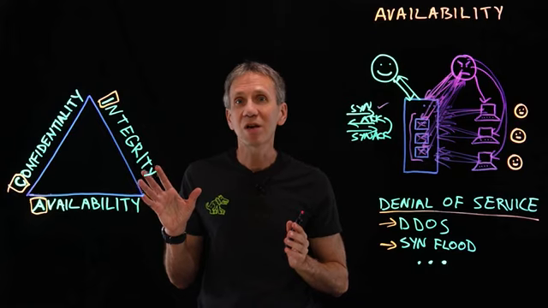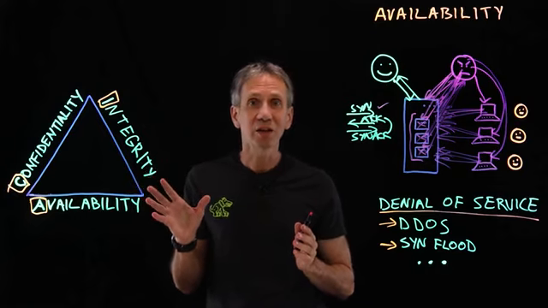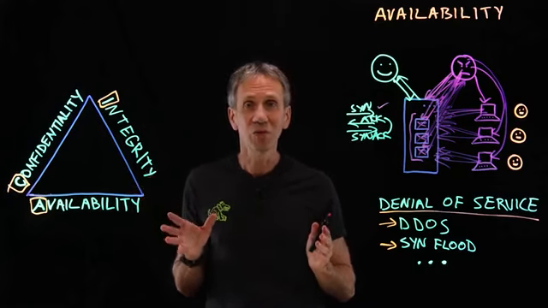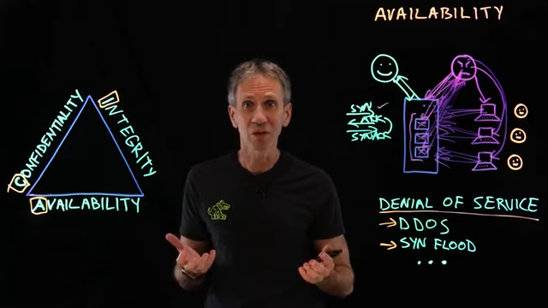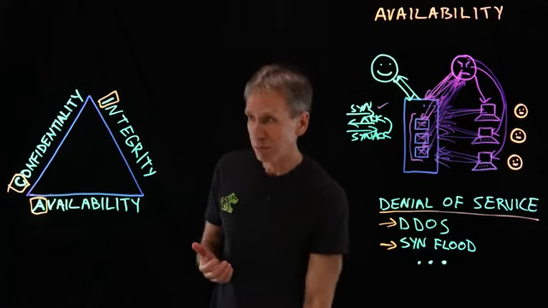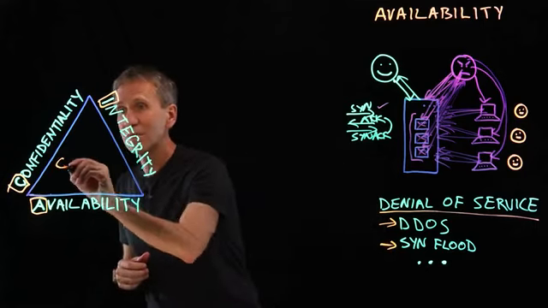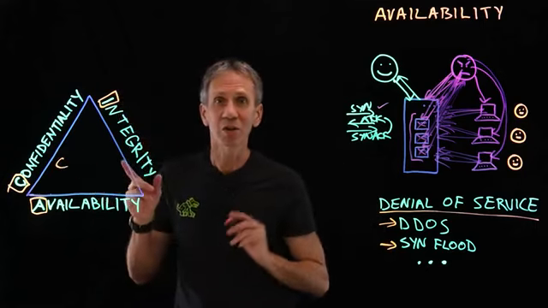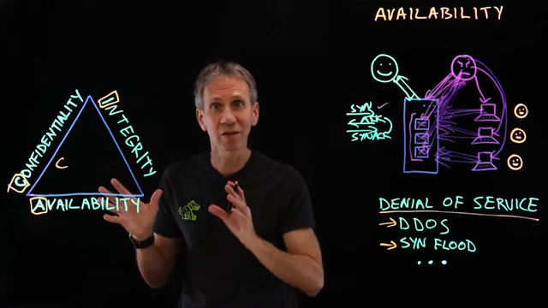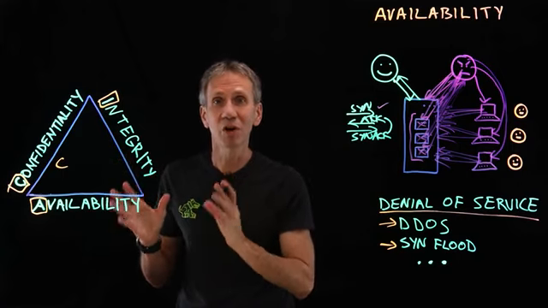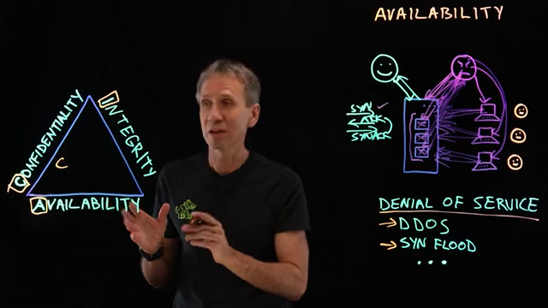So if I'm working on an IT project, one of the things I want to be able to do is make sure that I've covered all the bases. And in covering all those bases, this is the checklist you should use. Have I met the confidentiality requirements of the project? Is the sensitive data only available to those who are authorized to see it?